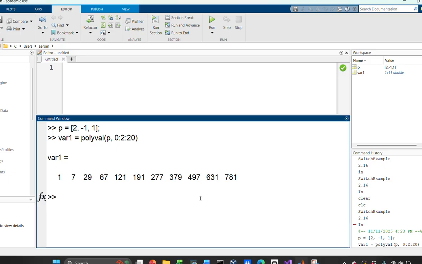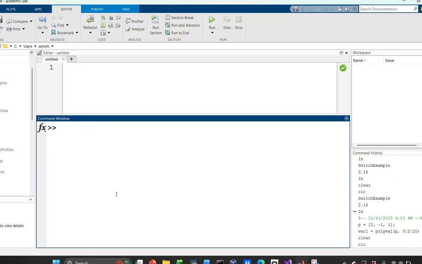Let's go back to Matlab and see if we can find a similar example. So if we declare p is equal to 1, minus 4, 3, 0, minus 2, a 1 by 5 would mean the polynomial we're looking at goes to the 4th power.